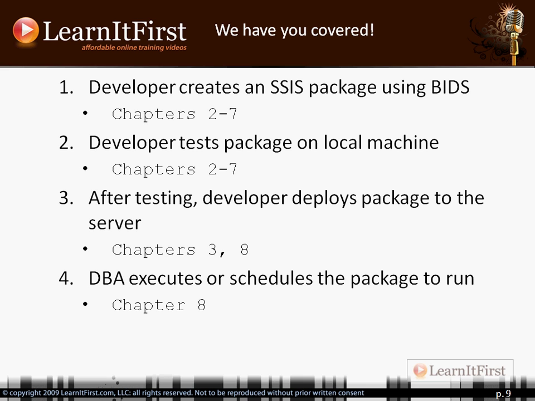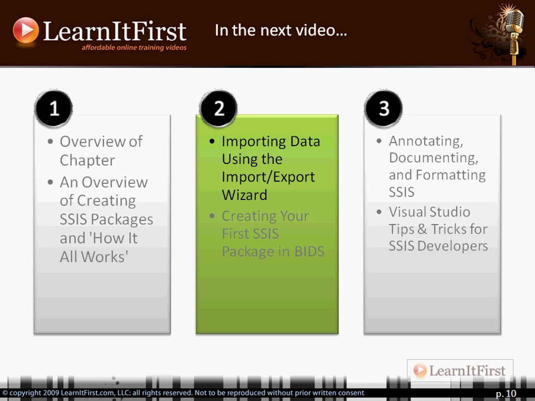And the final bit, the scheduling, is where chapter 8 really comes into play. Okay, I think that's a good introduction to chapter 2. I'm going to switch out of this lecture mode, and let's do demos for the rest of this chapter.